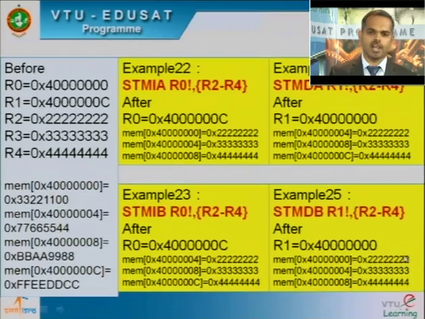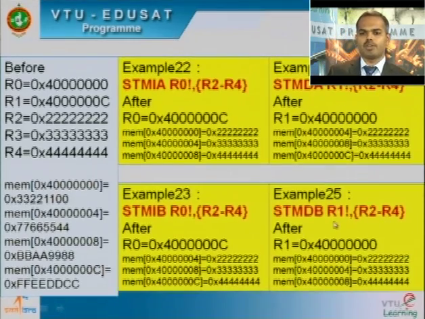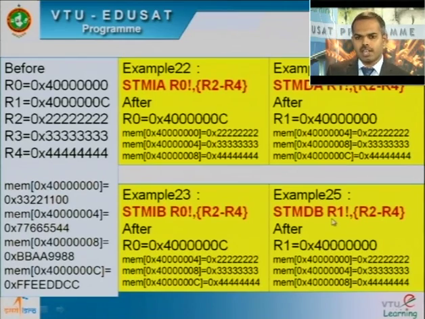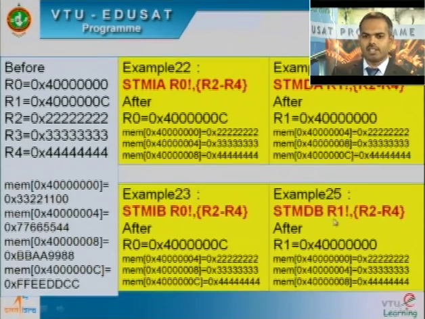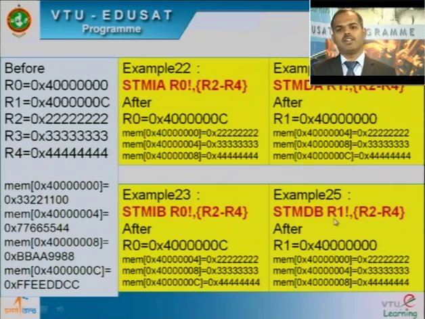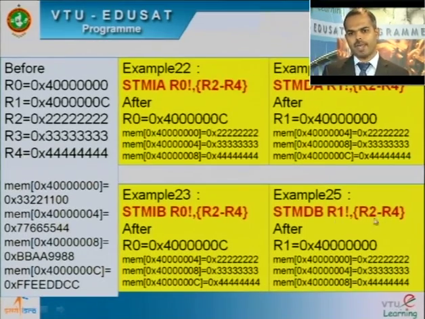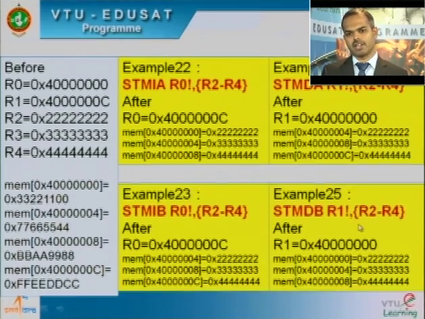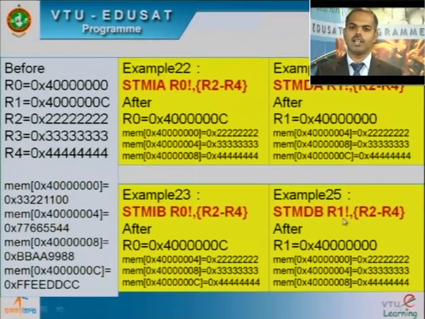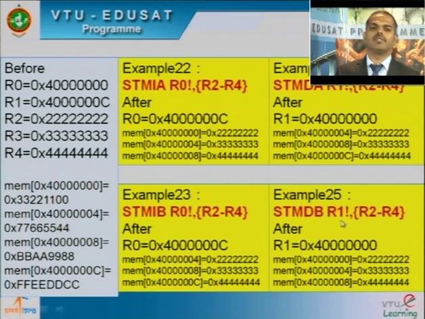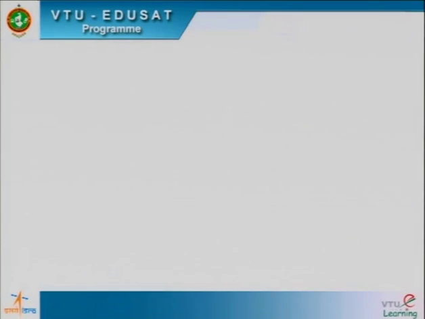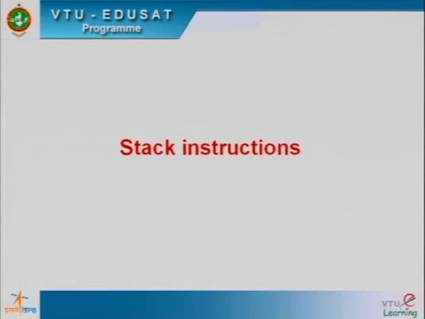Then it decrements, and the R2 value will get copied. So the point to remember here is that the starting address, the R1 address value, gets the value from the R4 register, then decrementing gets the R3 register content, then decrementing again gets the R2 register content. So that's about the multiple load and multiple store instructions.